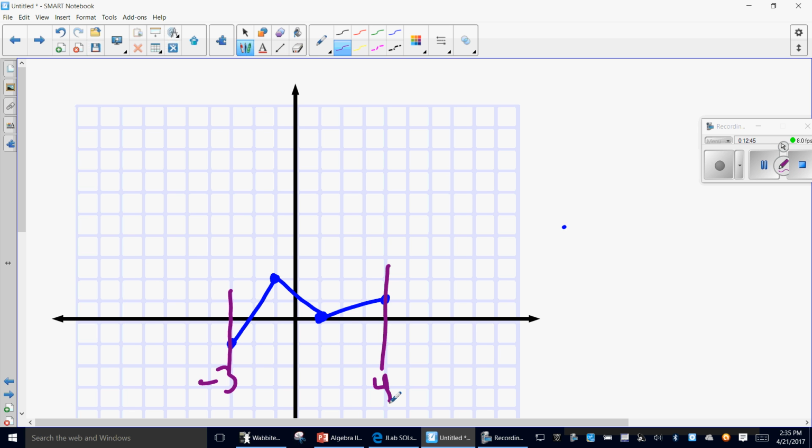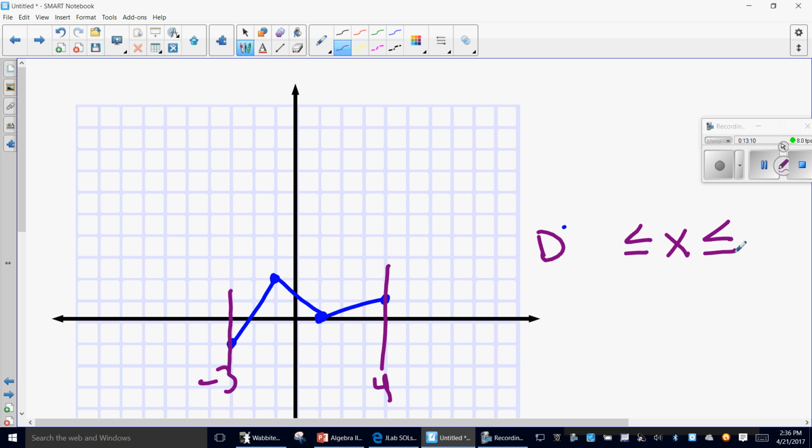So this is the way you're going to write your domain. If it has 2 stopping points, we have to state both those numbers. It goes all the way to -3 and it goes all the way to 4, and all of our x's are in between. So the way we write this is you're going to use this symbol every time, and you're going to say x is greater than what number?